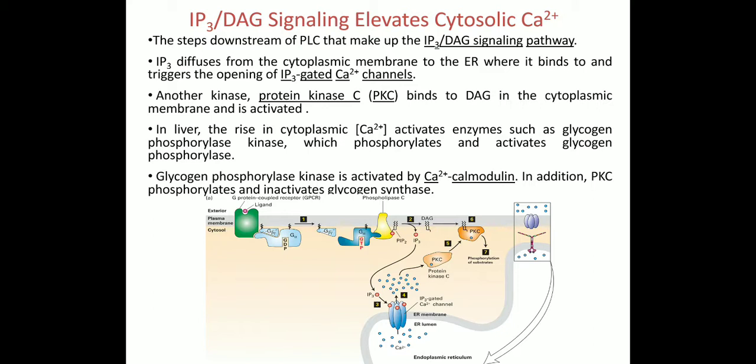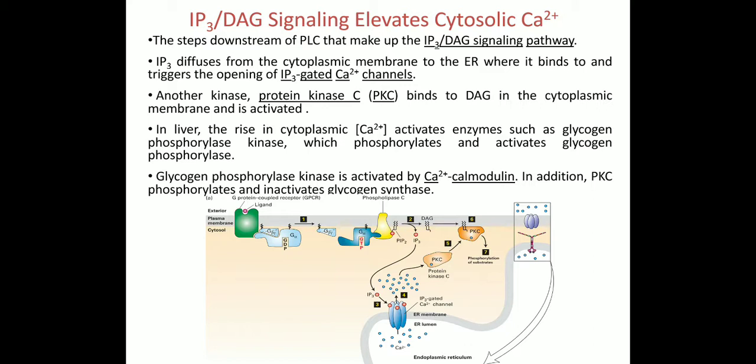In this pathway, IP3 signaling elevates the cytosolic calcium. This pathway is triggered by ligand binding to certain G protein coupled receptors and several other receptors, leading to the activation of phospholipase C, which cleaves PIP2 to yield IP3 and DAG.